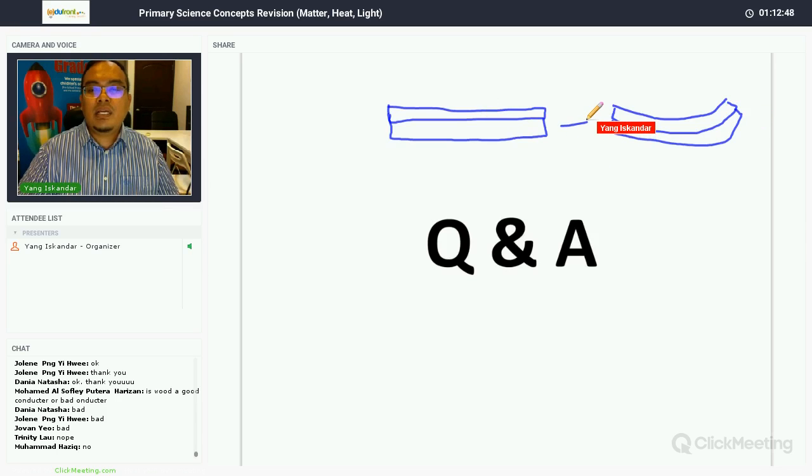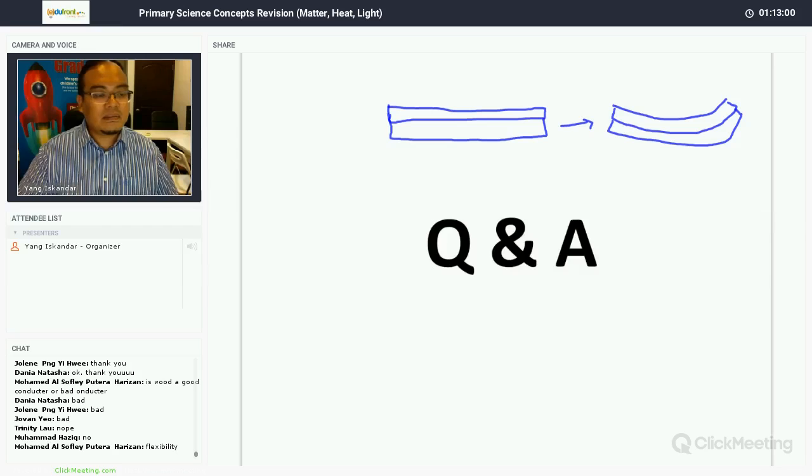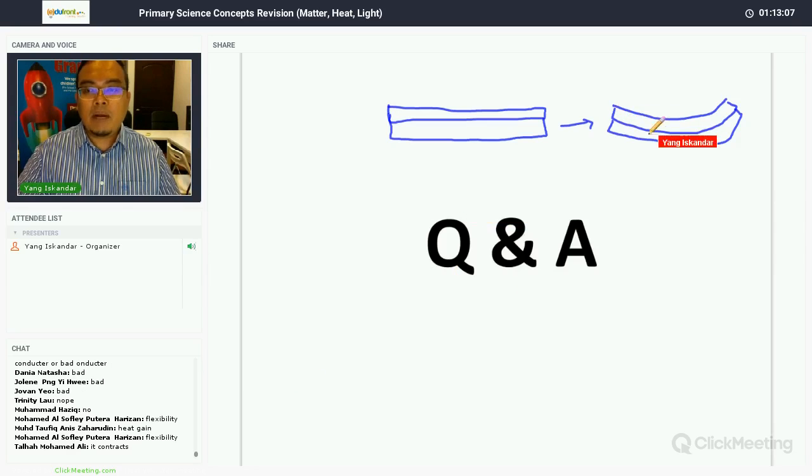Now, from here to here, can you tell me why it is bent? Anyone can tell me why it is bent in this manner, from straight, and then bent when it is heated? Gain heat, of course it will expand, but why does it bend? Contracts.